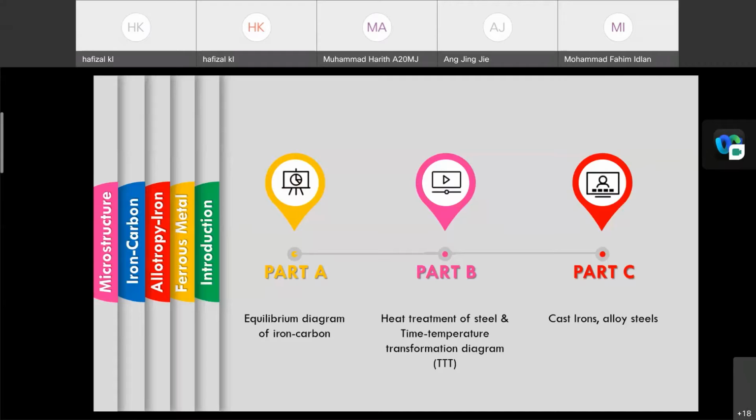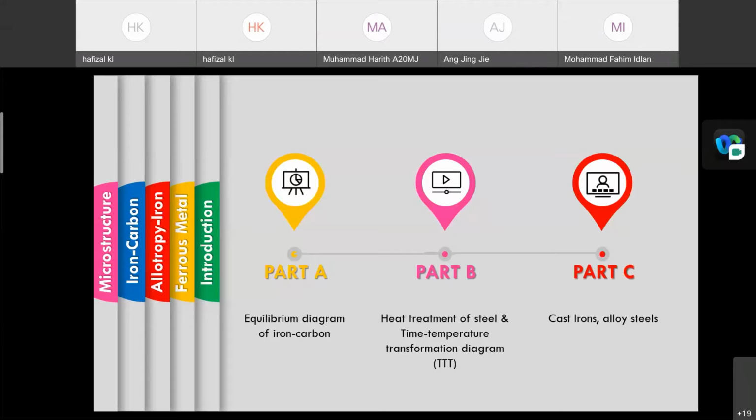The first part, part A, we will cover the equilibrium diagram of iron-carbon. In this part we have iron, and then we raise the percentage of carbon by a certain amount, and then there is a phase diagram, and we try to analyze the phase diagram according to the amount of carbon that we raise, in terms of percentage.